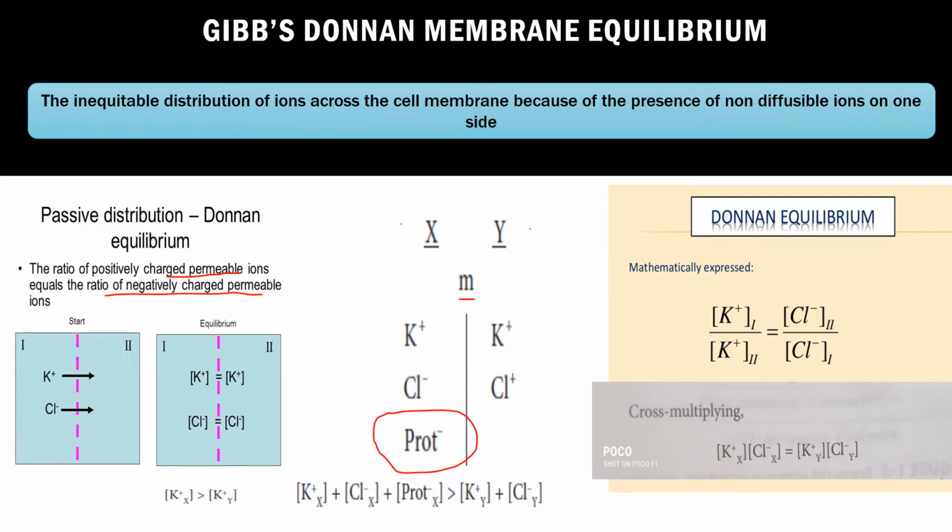If we cross multiply, we see that potassium in the X compartment multiplied by chloride in the X compartment will be equal to potassium in the Y compartment multiplied by chloride in the Y compartment. This is known as the Gibbs-Donnan equation. It holds for any pair of cations and anions of the same valence.